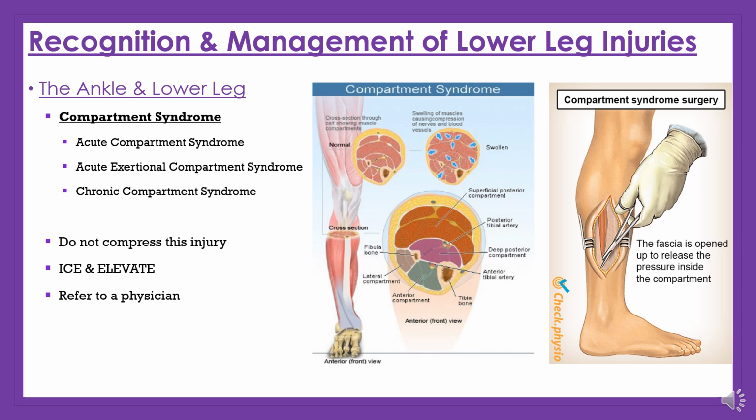Chronic compartment syndrome is 100% athletic or activity related. There's no traumatic event associated with this type of compartment syndrome, but the person that has chronic compartment syndrome typically is going to have their symptoms show up after the same amount of time spent doing an activity.